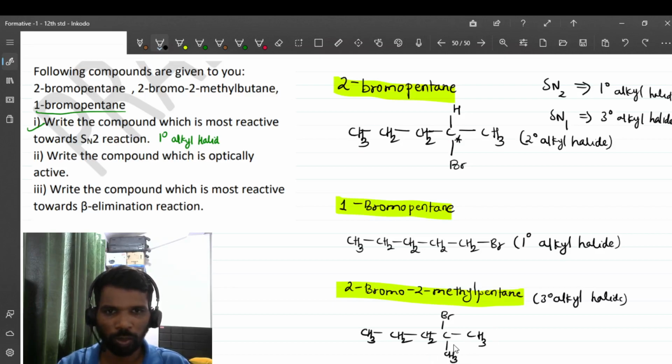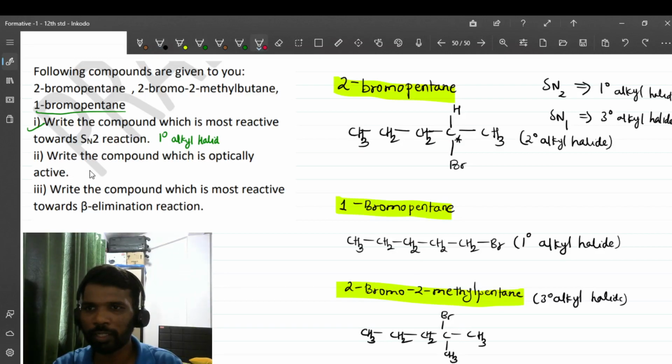So an optically active compound has all four groups attached to it different. The answer for the second one is 2-bromopentane.